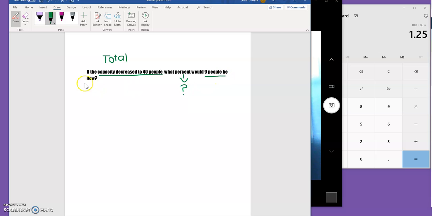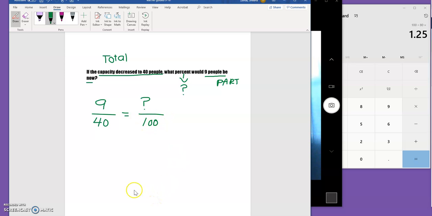And so the 9 represents my part. When I write this out as two equivalent fractions, I have 9 people out of the 40 that can be there, and that's going to be equal to some percentage amount out of 100.